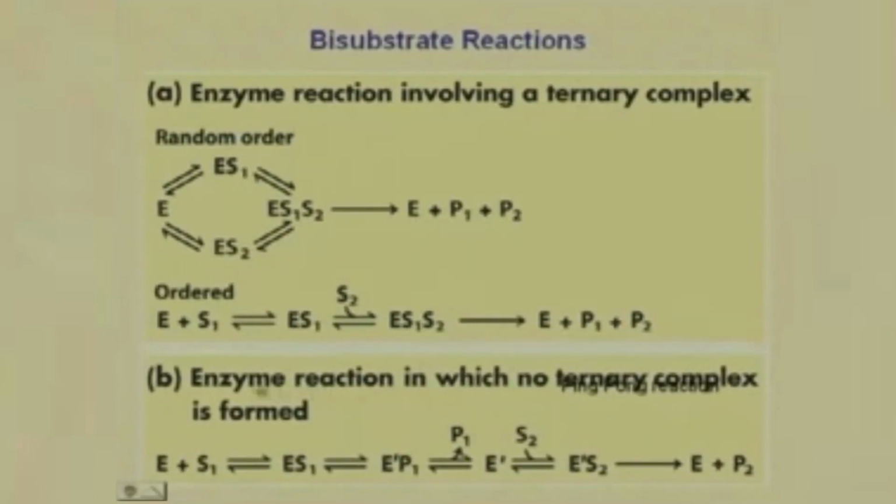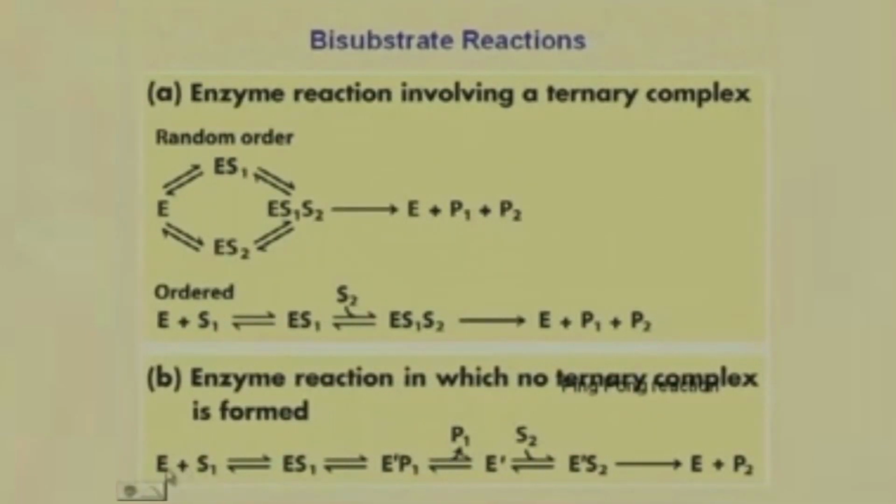Okay. Now in the enzyme reaction where we do not have a ternary complex formed, which is actually called the ping pong reaction, we have E plus S1 forming ES1. And what is important about the ping pong mechanism is that P1 has to be released first.